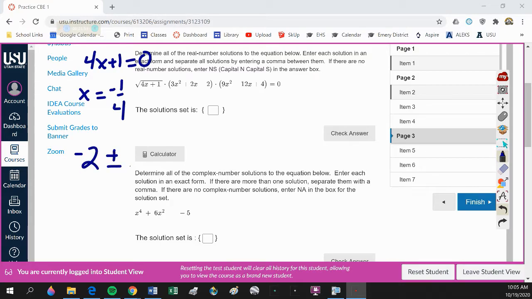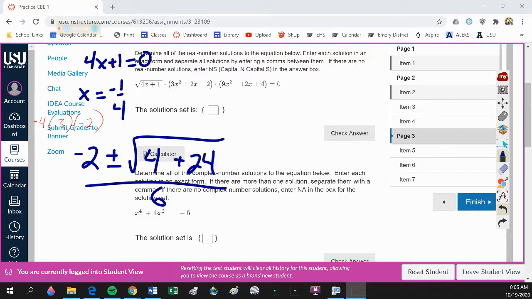Negative 2 plus or minus the square root of 4. And then off to the side, I like to write negative 4 times 3 times negative 2. That would be 24 plus 4, 24, over 6. So this gives me a 28. Are there any perfect squares inside 28? 4.